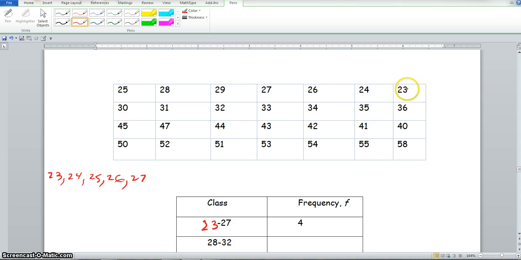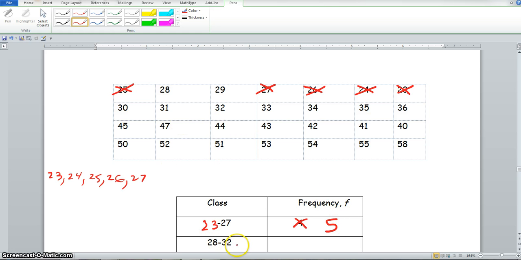So what we're going to do, we're going to cross out each number when we get to it. 23, that's 1. 25, that's 2. 27 is 3. 26 is 4. 24 is 5. So that's it. So actually this number here was incorrect. It should be 5. So from 23 to 27, you have 5 numbers, or it appears 5 times.